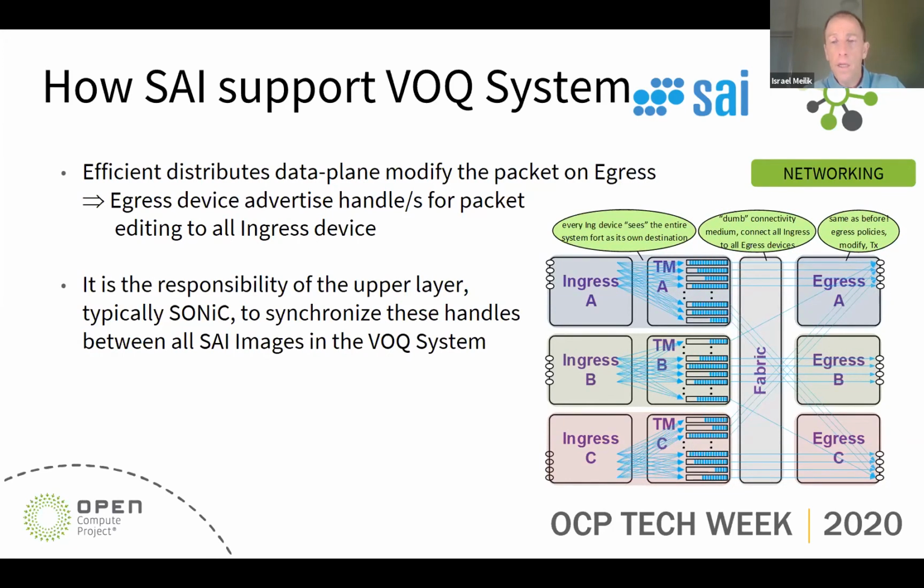Another addition to the SAI, which again is not mandatory but contributes to the efficiency of the system, is that in such a distributed data plane, it is best to modify the packet and maintain all the packet editing databases only on the egress device.